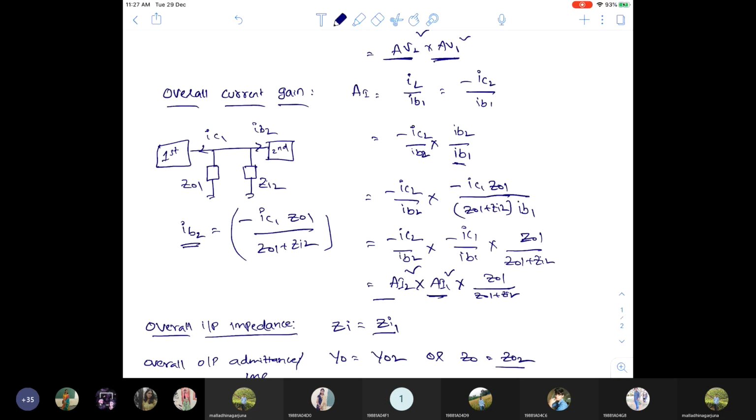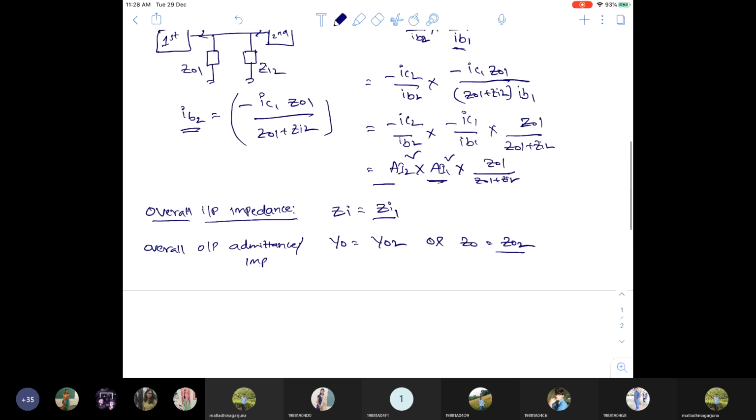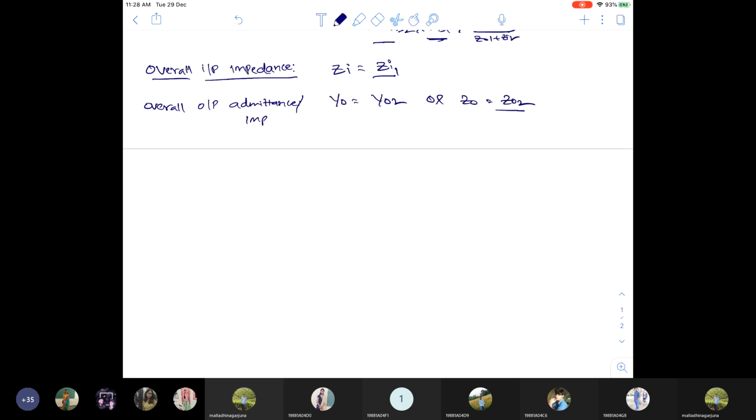Now let us look at how we can calculate the voltage gain, current gain, input and output for the individual stages. For that, I'm going with H parameter analysis. For your convenience, I will write the H parameter equations for CE amplifiers.